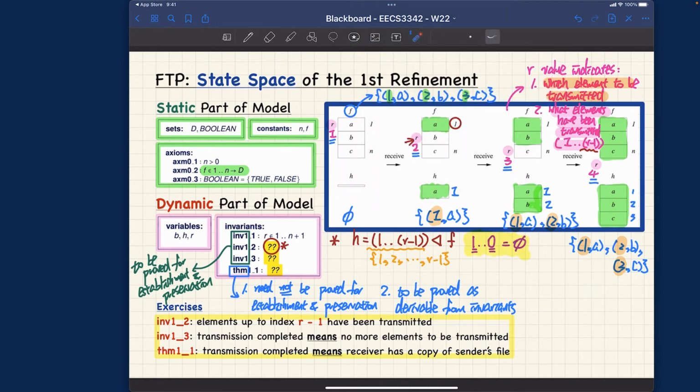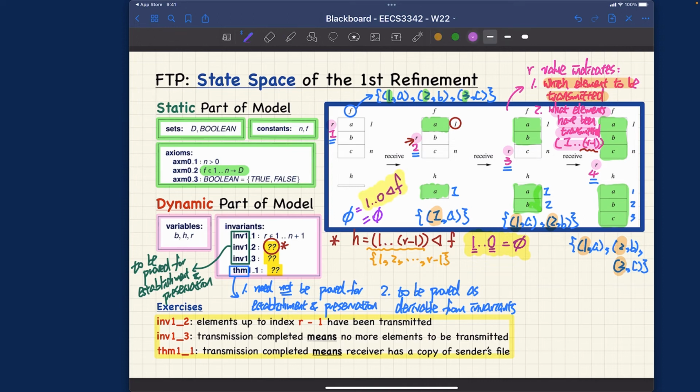Right, so this formula will work when R is equal to 1, because in that case, you're domain restricting to the empty set. This will be just equal to 1 up to 0 domain restricted by F, so this will be equivalent to the empty set. This is how we apply the formula for the first one.